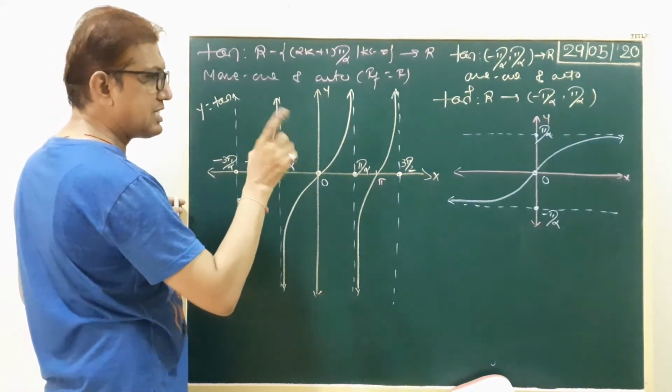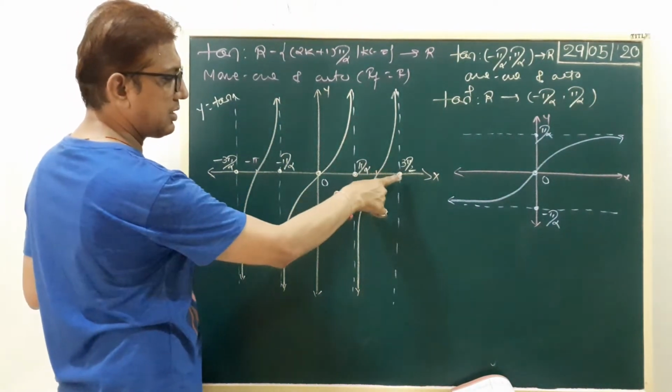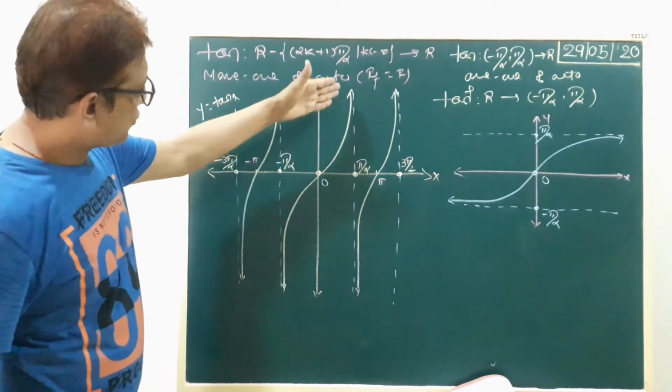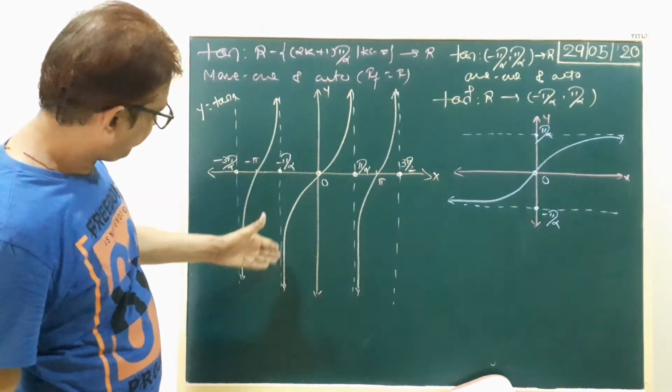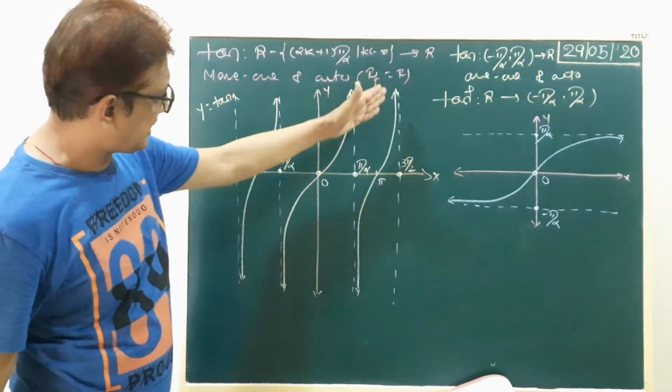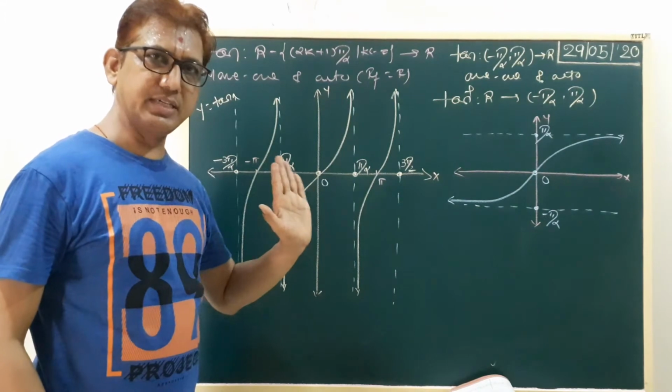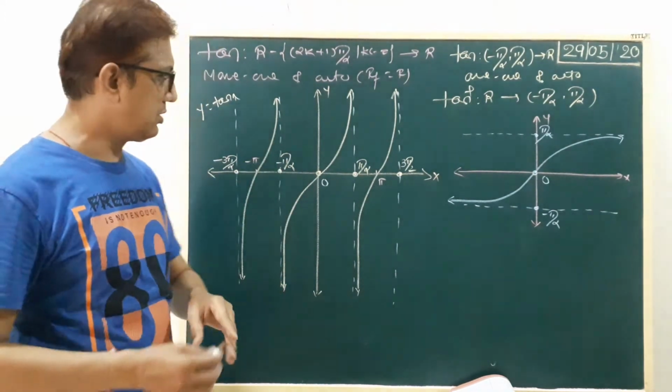Tan of pi by 2 is infinite, tan of 3 pi by 2 is also infinite, not possible. Is it clear? Okay. So this is your tan graph. This one is a many-one and onto function.